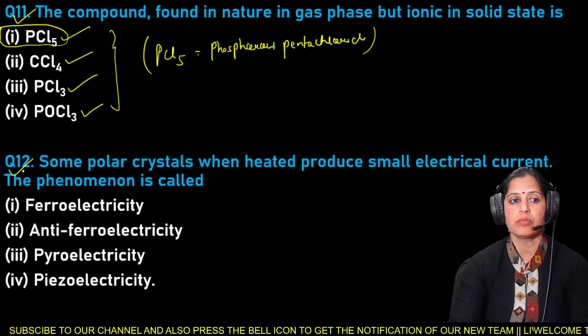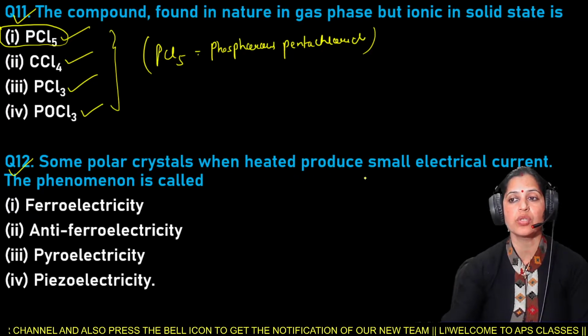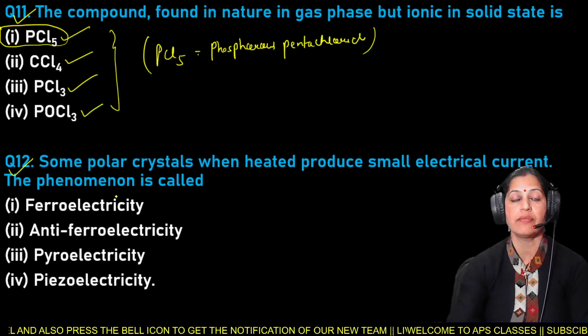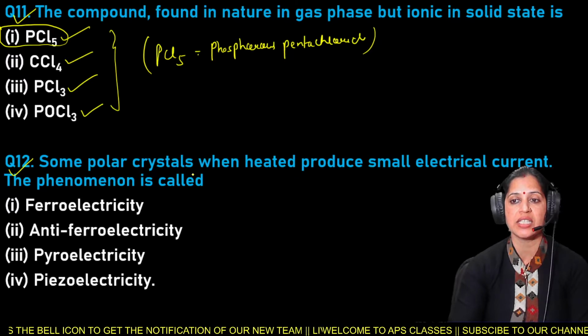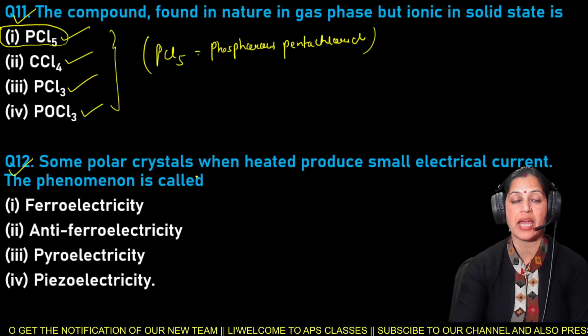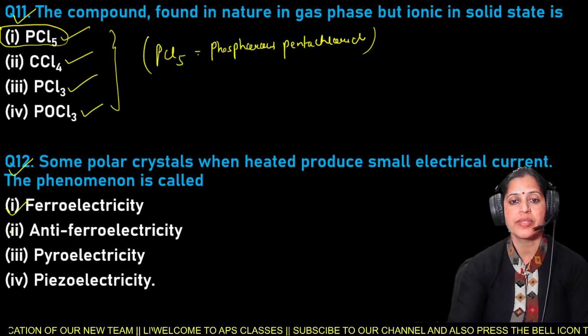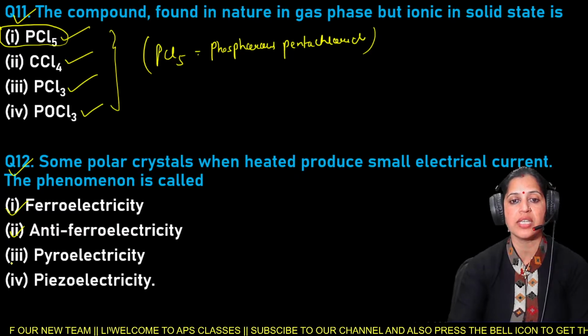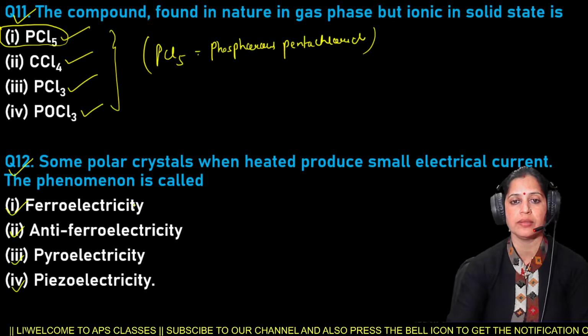Now shift to question number 12. Question number 12 is: some polar crystals when heated produce a small electrical current. The phenomenon is called: first ferroelectricity, second anti-ferroelectricity, third pyroelectricity, and the fourth one is piezoelectricity.